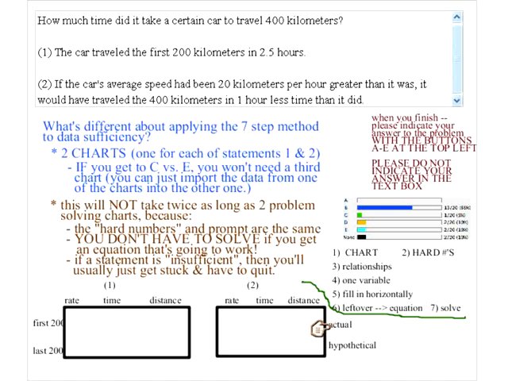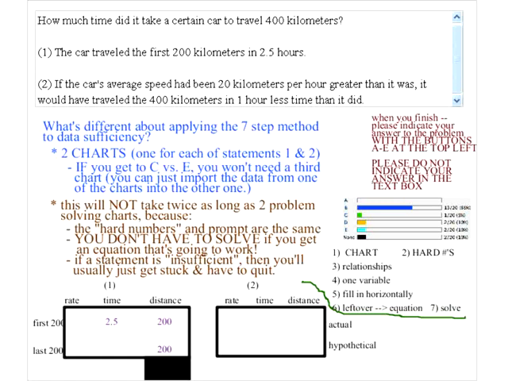Okay. You can go ahead and type questions in the text box. I'll try to hit them in stride here. So for the first question, we've got the distance. The total is 400, but you don't need that. These are hard numbers. 200, 200, those are hard numbers. So we don't need a relationship there. But we have the first 200 is in 2.5 hours, and 200 divided by 2.5 is 80.